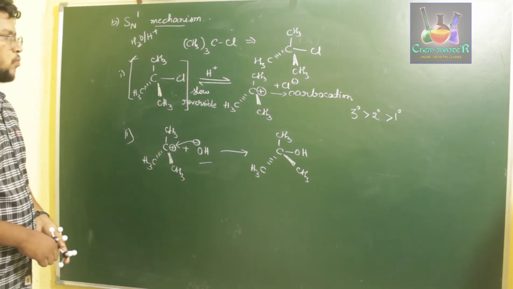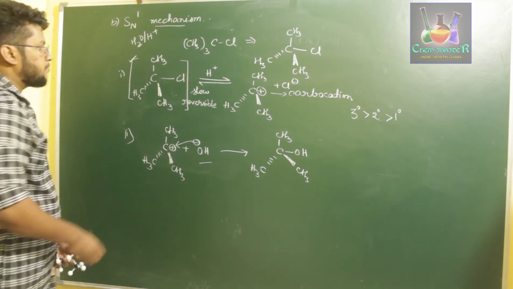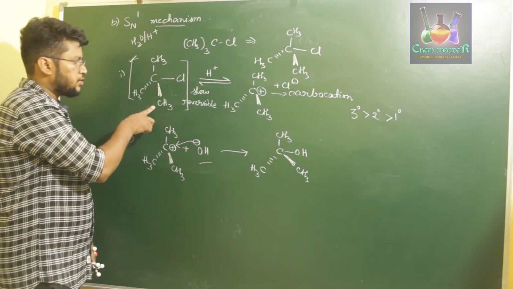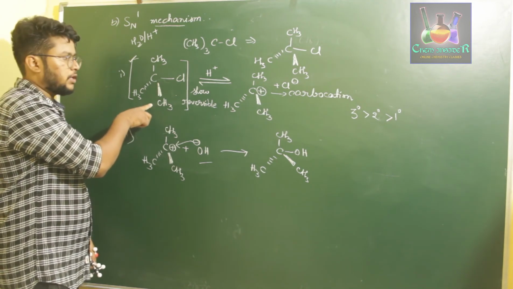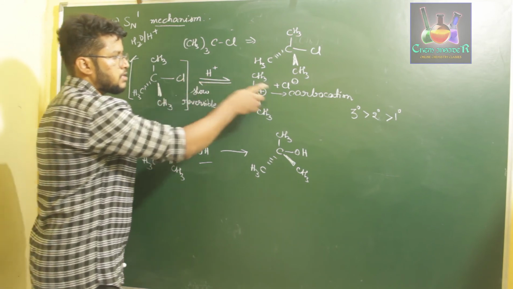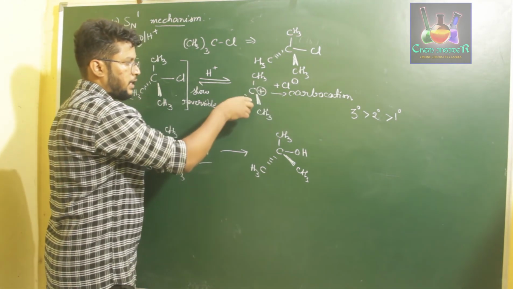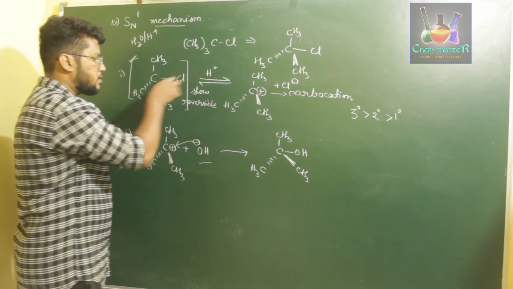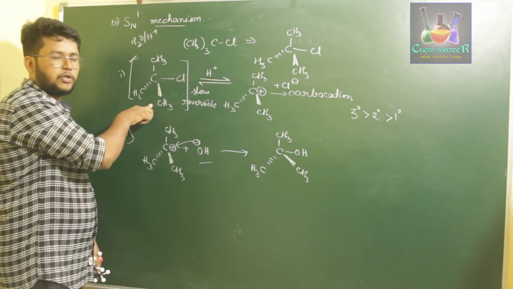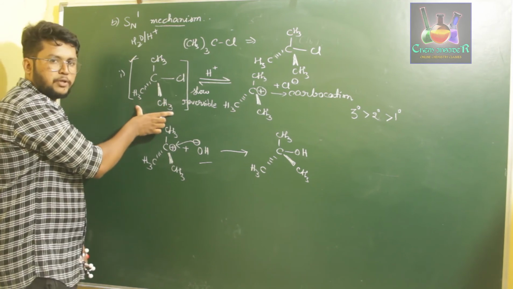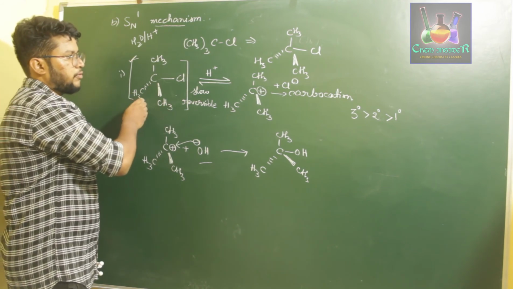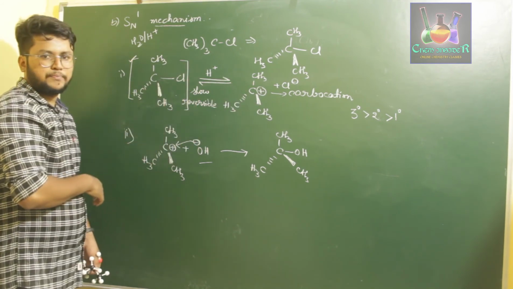So why is that? That is because if the concentration of tertiary butyl chloride decreases, the Cl minus which has left to form a carbocation binds again with the carbocation and forms our tertiary butyl chloride. If the concentration of tertiary butyl chloride is more, more carbocation will be formed.